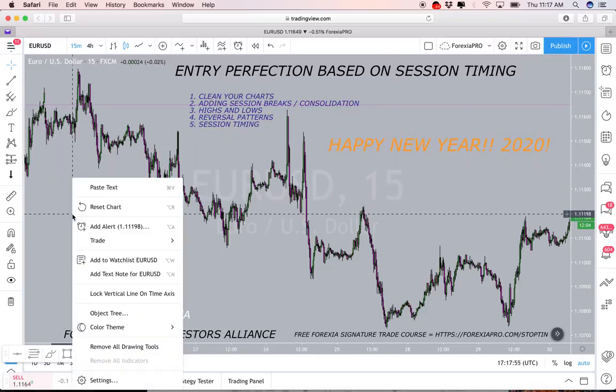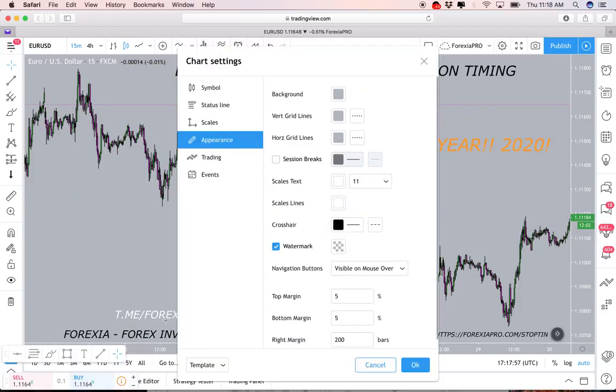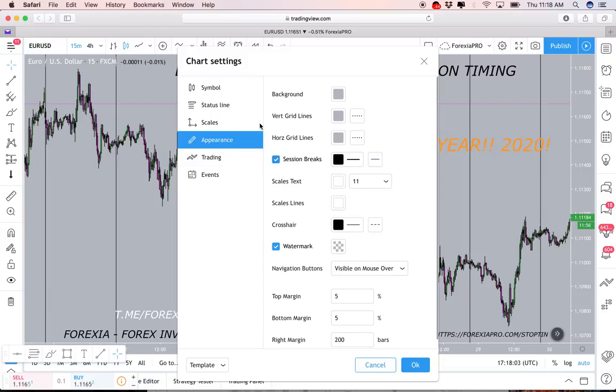What I'm going to do is right click, we go into settings, and we're going to want to mark the session breaks, okay, before we get into this video. This is extremely important. And if you want to call this an indicator, this is basically the only indicator that I'll ever use.